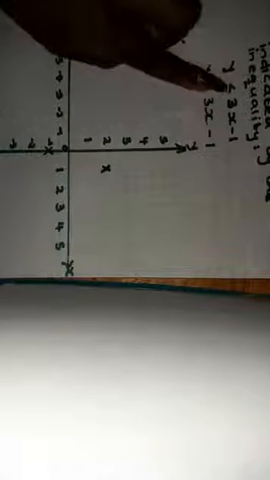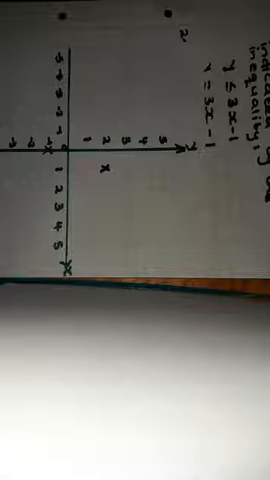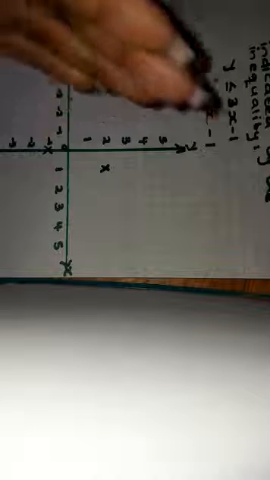Look at the inequality sign. It says less or equal to. Now our graph is going to be a solid graph because less or equal to means that we should include the values that lie along the line.